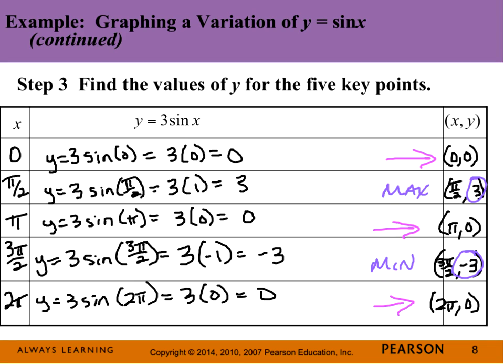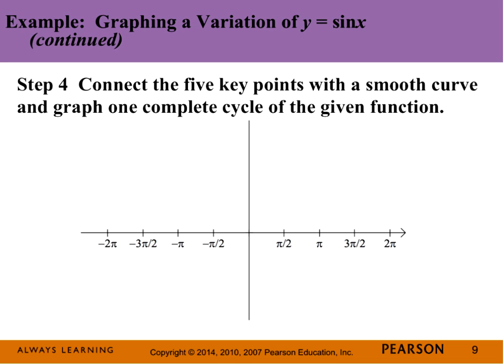So all we need to do now is put it on the graph. Let me just give some scaling on my y-axis here: 1, 2, 3. And I'm ready to put my points onto the graph.